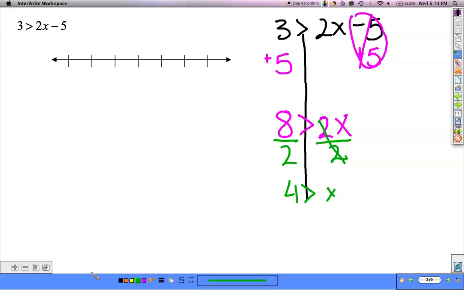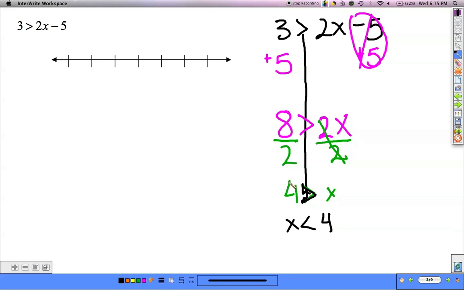So like we just talked about, now we're going to need to use the symmetric property to turn this around so the x is on the left-hand side. So we're going to write this as x is, now instead of using the greater than symbol, the alligator still is going to want to eat the 4, for some of you, and so we have x is less than 4. And now it's set up for us to graph.